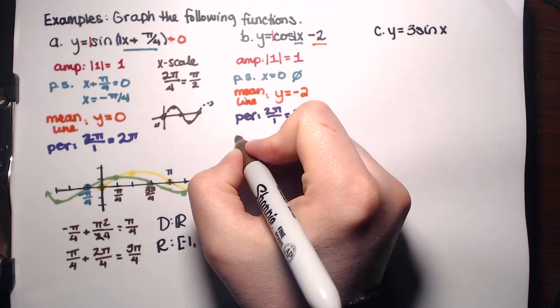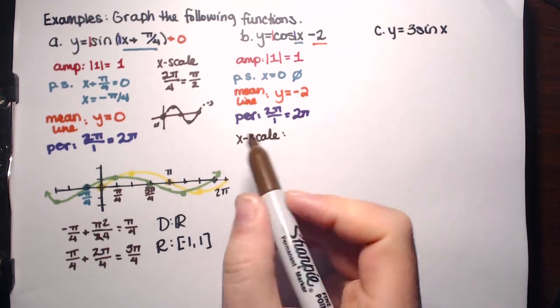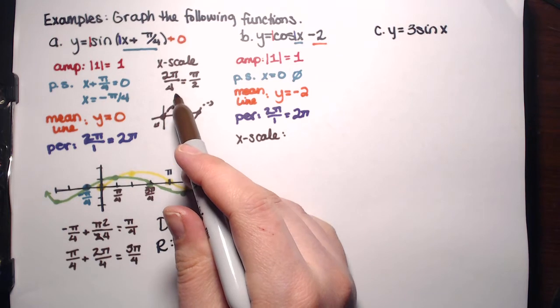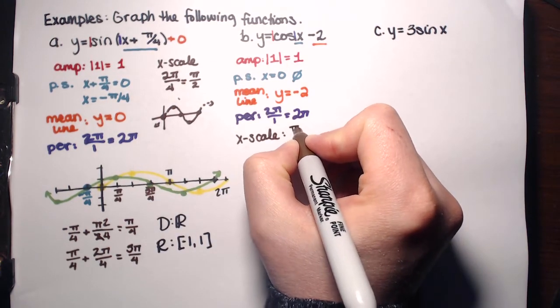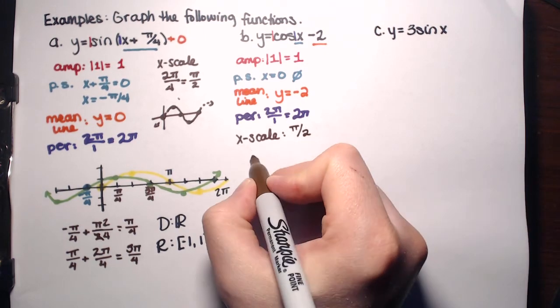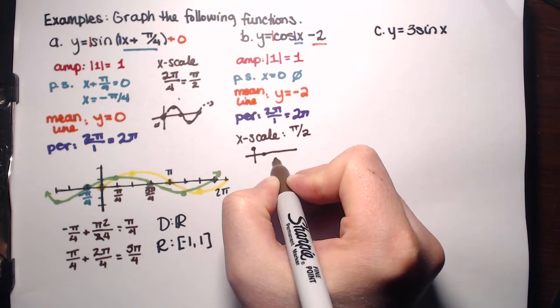And then the x scale is to take the period and divide it by 4. Well, the period's the same as the one before it, so we're going to be stepping by pi halves, and this is what a cosine function looks like.